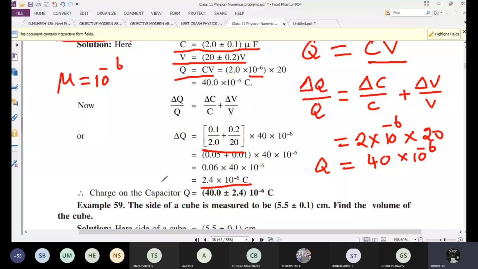Now I am writing the range. The range formula: true value plus or minus mean absolute error. So true value 40 into 10 power minus 6 coulomb.